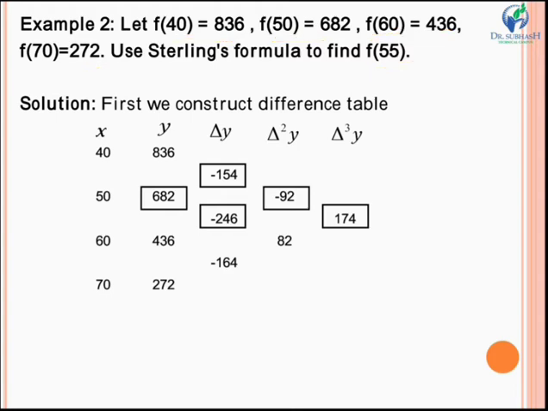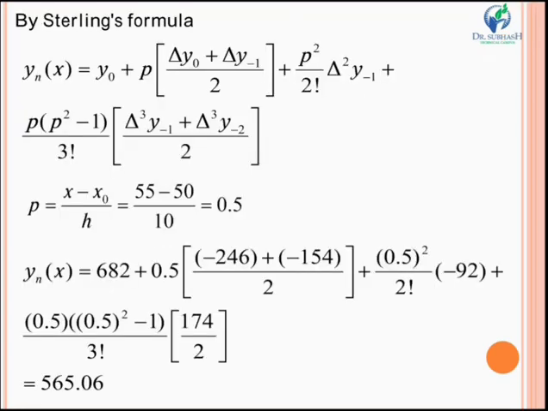Now see, these 40, 50, 60 and 70 are at an equal interval of 10. So those will be the values of x, and the rest are the values of y over here. So I will construct the difference table. I will subtract lower term minus upper term, and I will do it until I achieve the last single term, right? So here our table is up to delta cube y.